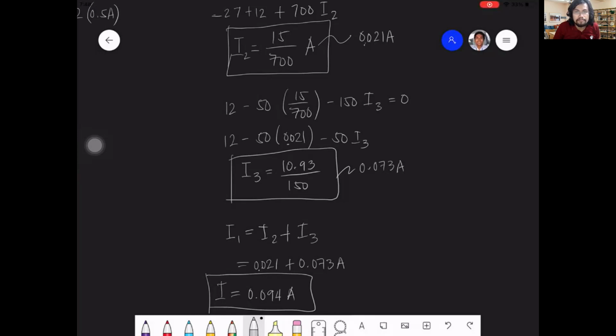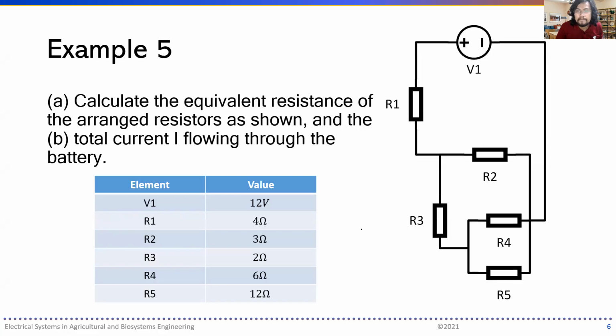We have another set of resistors in a given circuit. The circuit is quite interesting because we have a set of series and parallel resistors in combination with each other, and only one given voltage source, which is 12 volts.